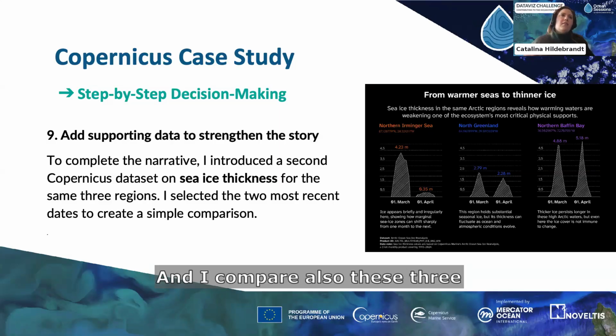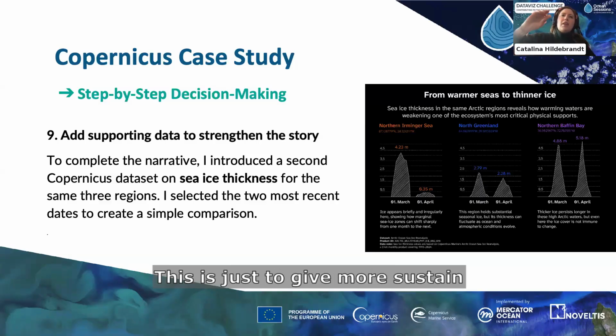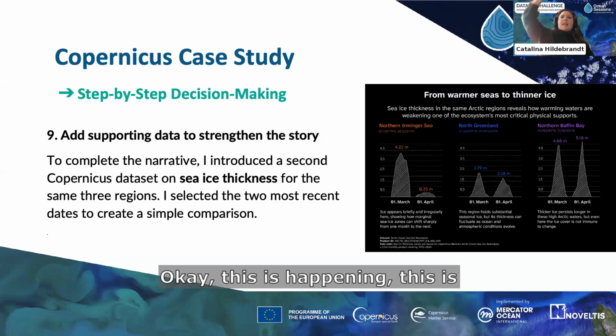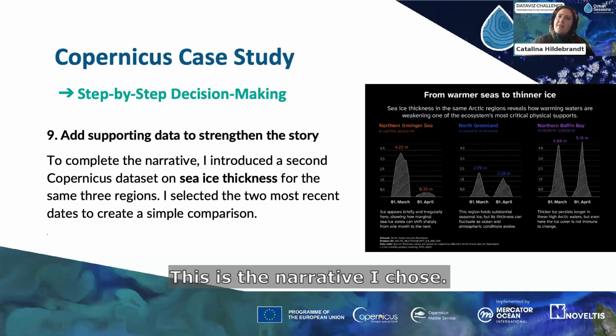I also compare these same three spots in this geographical area of the Arctic, just to give more sustain to my main message. Like, okay, this is happening, this is the area, and now this is another aspect of this variable. This is the narrative I chose.